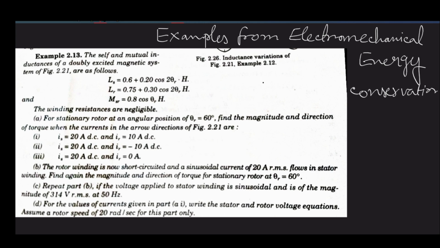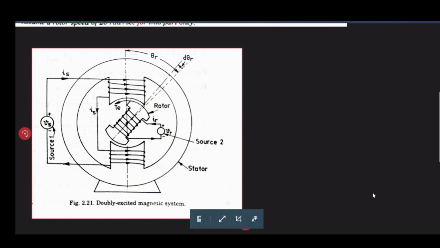For a stationary rotor at an angle position theta r equal to 60 degrees, find the magnitude and direction of torque when the current is in the arrow direction of figure 2.21. Let us see what figure 2.21 is. Okay, just a minute. So this is figure 2.21.